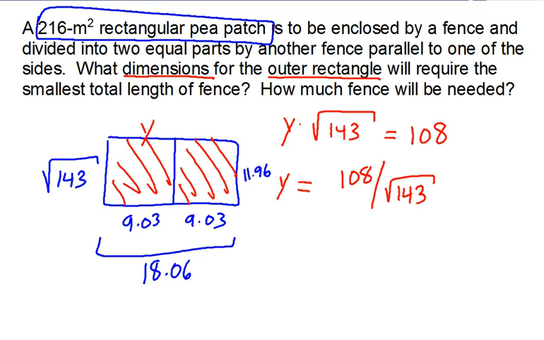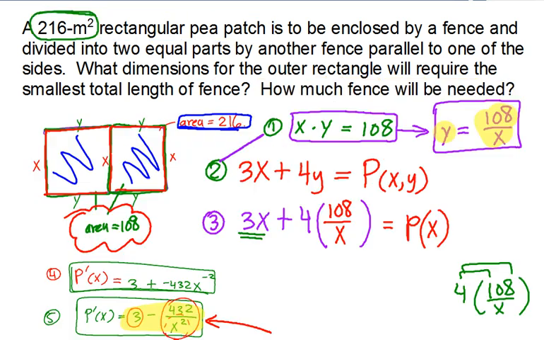And last component, how much fence will actually be needed? Well, let's figure out. Okay, so we've got this vertical part, and then the one down the center is going to be needed, and then this one. And I think what we can do at this point is use our previous work in terms of the perimeter function.